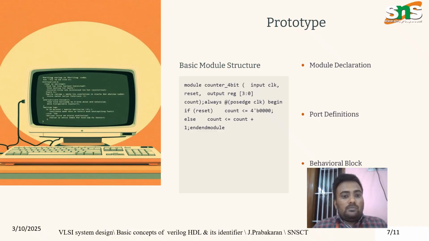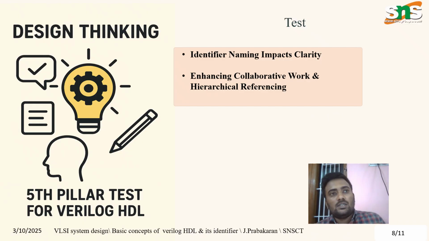Next, test. The final stage of design thinking is test, which means validation stage. Identifier naming impacts clarity. Research shows identifiers make up 70% of code content. Clear names improve comprehension by up to 19%.